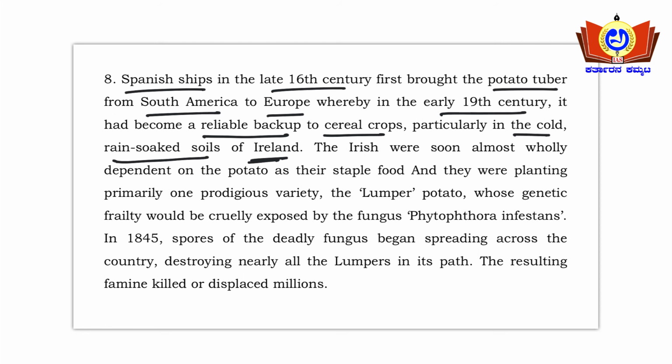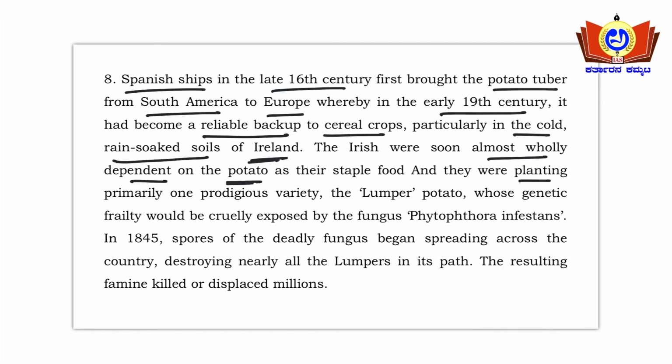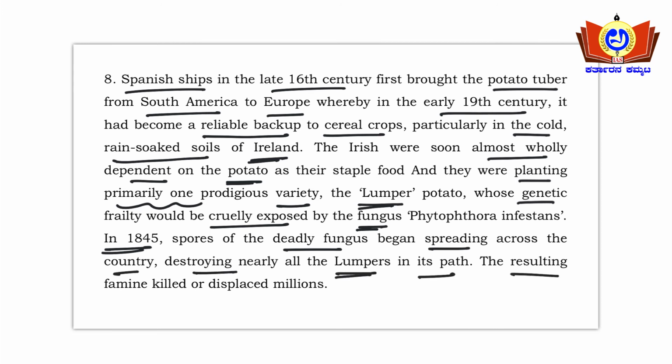The Irish were soon almost wholly dependent on the potato as their staple food, and they were planting primarily a prodigious variety, the lumper potato, whose genetic frailty would be cruelly exposed to the fungus Phytophthora infestans. In 1845, spores of the deadly fungus began spreading across the country, destroying nearly all the lumpers in its path. The resulting famine killed or displaced millions here.